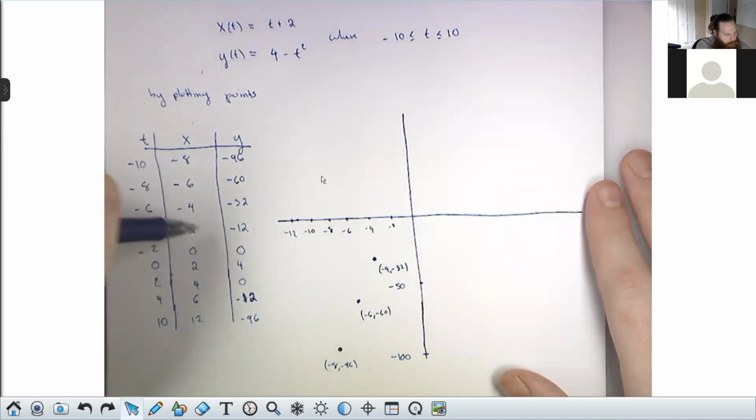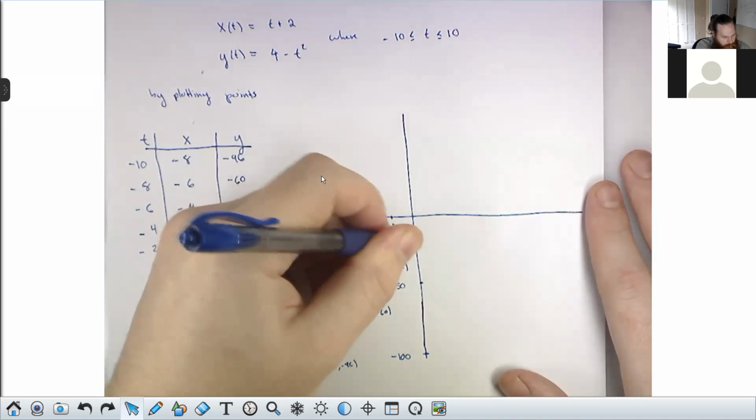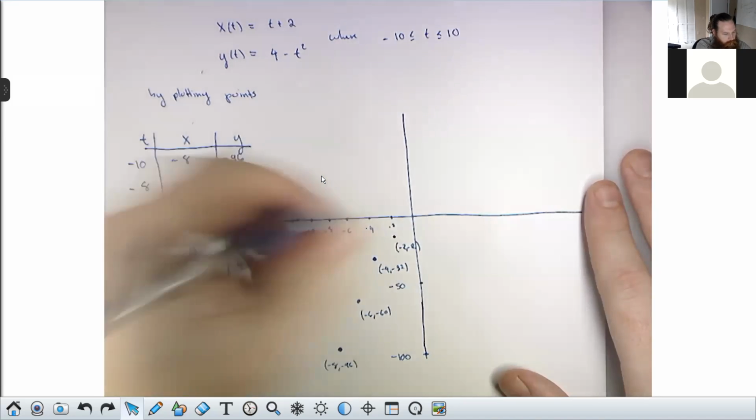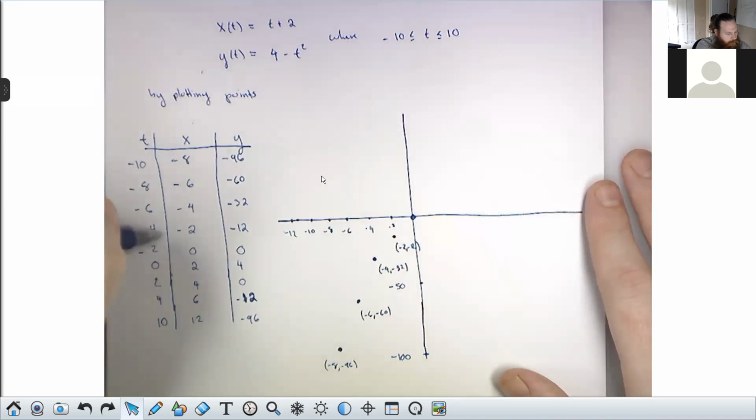And then we move to -2, -12. And then 0, 0. And then we have 2, 4. Yep, 0, 2, 4, yep.